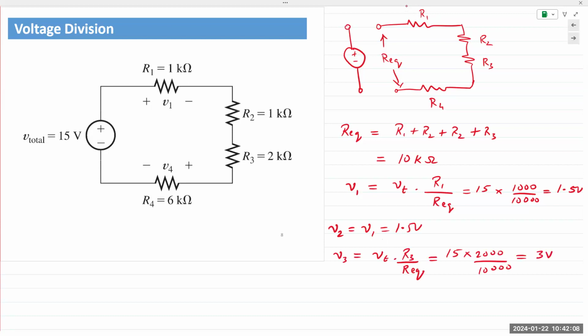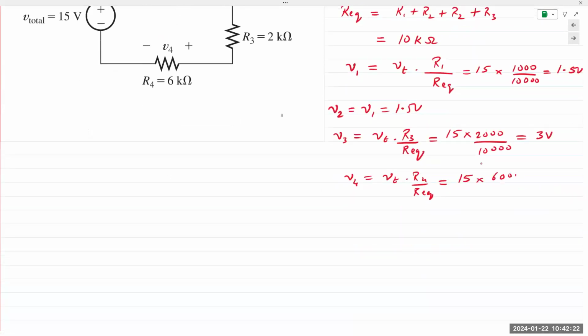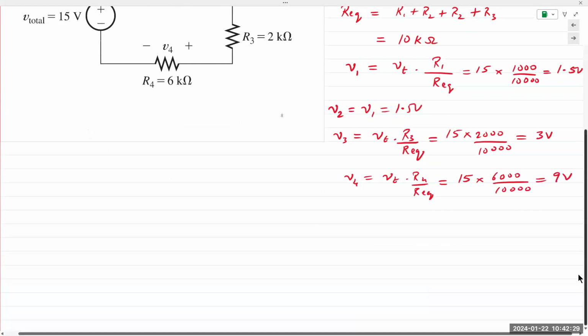And then V4 would be exactly the same way. So 15 times 6000 over 10,000, 9 volts.